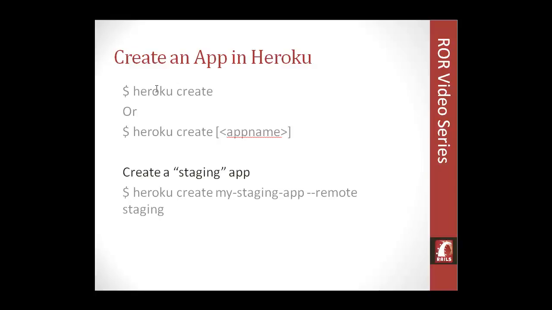So it'll just assign a crazy name to your app. Or you can use heroku create and then the name, which I don't know why we didn't do that in the first place. It also allows you to create staging apps if you want to have a staging site too. So you would just do heroku create and then the name and then remote staging.